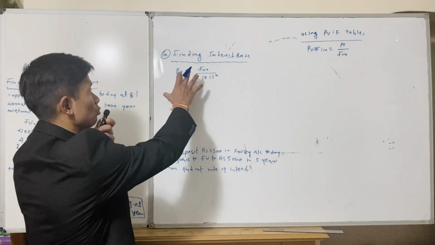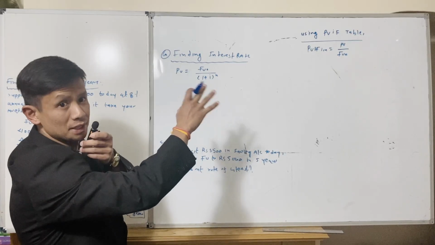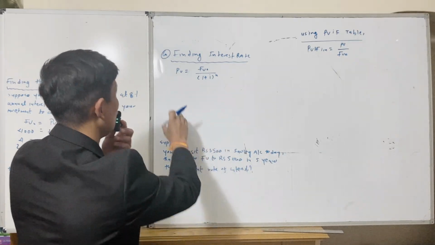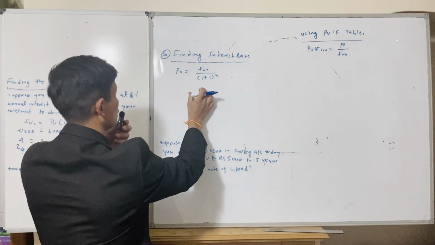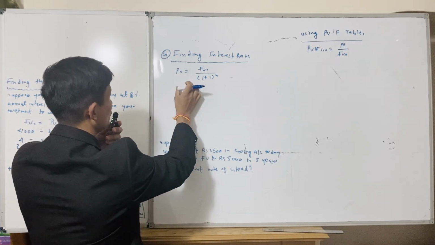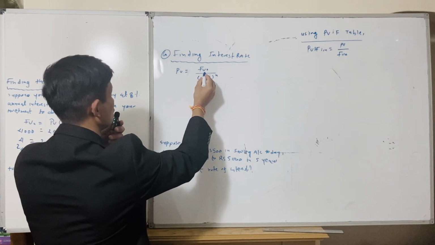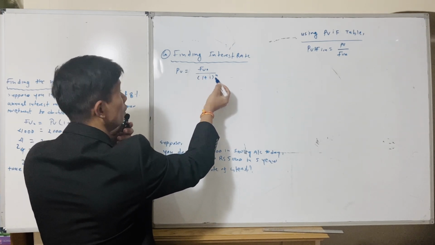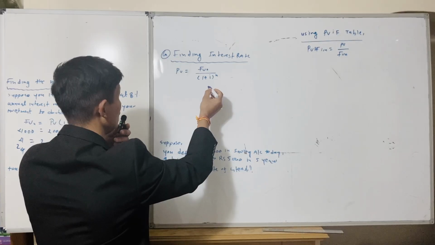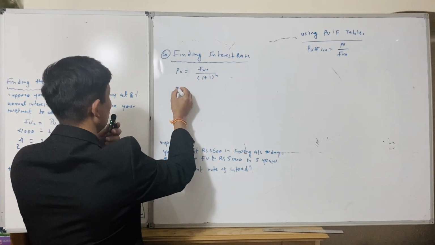And sometimes we will be asked to find the rate of interest. To find the rate of interest, let's extract it from this formula. In this formula, the present value is equal to the future value divided by (1 plus i)^n.